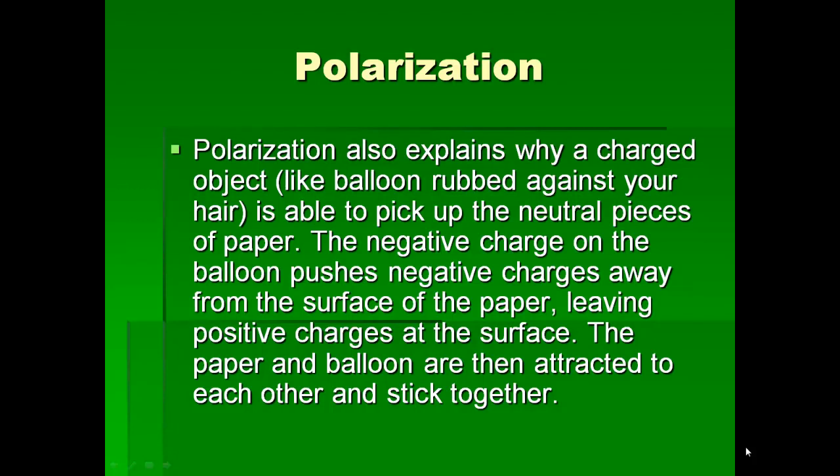There's now more positive charge than there was before on the side of the paper closest to the balloon, which means that there's now an electrical attraction between the balloon and the paper. Again, and I cannot emphasize this enough, the paper itself still has the same charge that it did before. It's just that the positive charge now on the surface of that paper wants to get with the balloon, so it does.